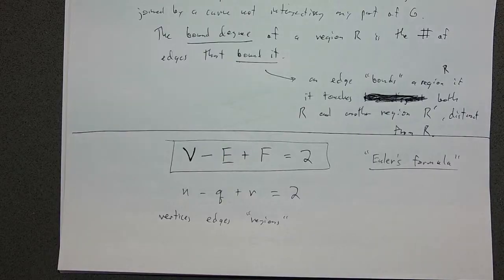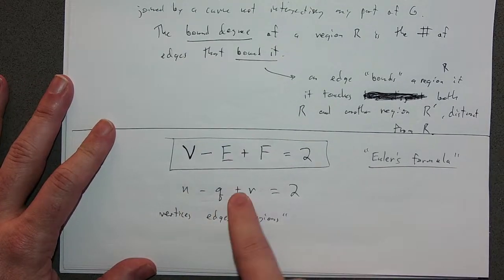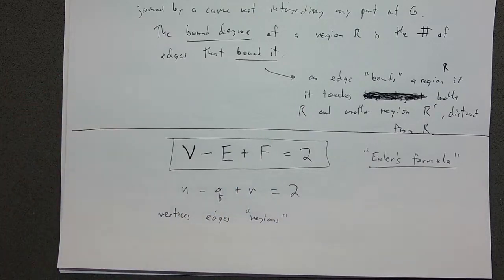Why this works is that the number on the left is the alternating sum of differing dimension objects: 0-dimensional objects minus 1-dimensional objects plus 2-dimensional objects. That alternating sum is called the Euler characteristic of the space in question, and that is one of the important examples of a topological invariant.